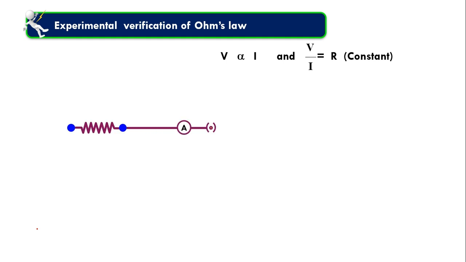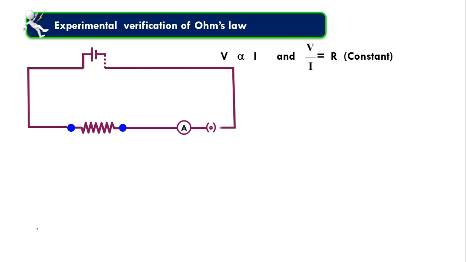You can see that an ammeter, a plug key and a battery have been connected to the circuit, and a voltmeter across the terminals of the resistor. Now when the current flows from the battery, you can see that the voltmeter gives the voltage reading and the ammeter gives the current reading in the circuit.